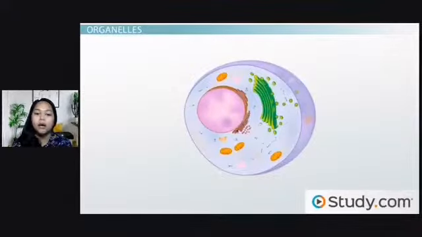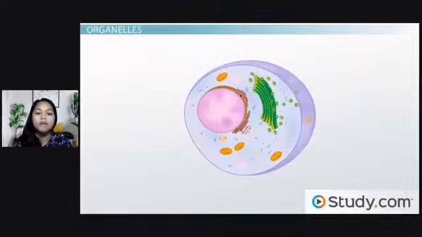Okay, so that's your endoplasmic reticulum. Now, you have two types of your endoplasmic reticulum. Po pwedeng rough endoplasmic reticulum, or sometimes we call this rough ER or RER, and you also have your smooth endoplasmic reticulum or SER.